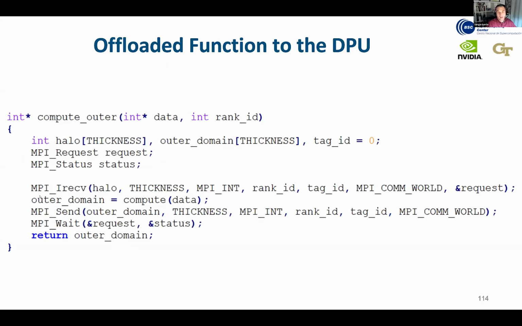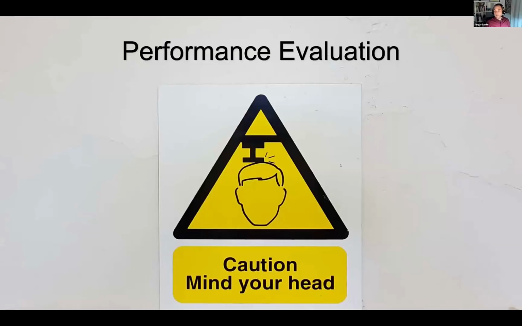In the example it was just one cell, since the outer subdomain is not really big, and then it will asynchronously send and receive the halo data. It will send the outer subdomain to the halo and will receive in its halo the outer subdomain of the neighbor. Okay, and just to understand it better, here we have some performance numbers.